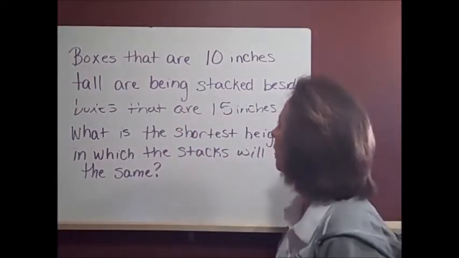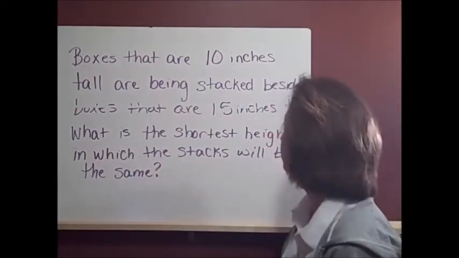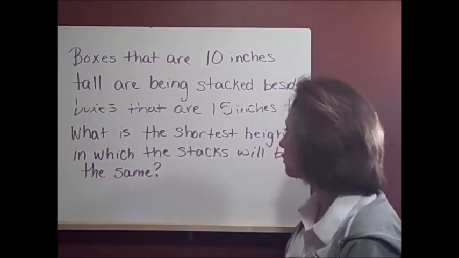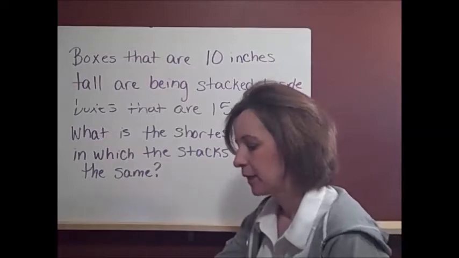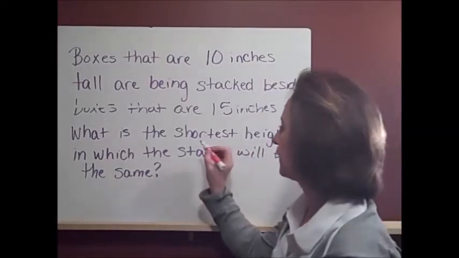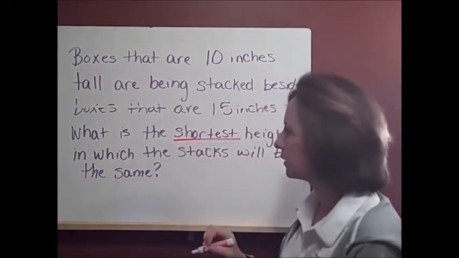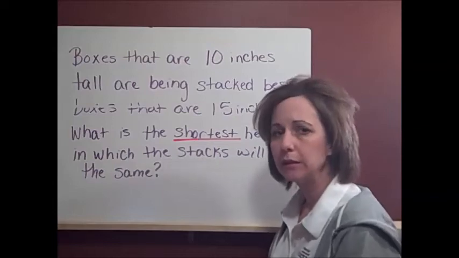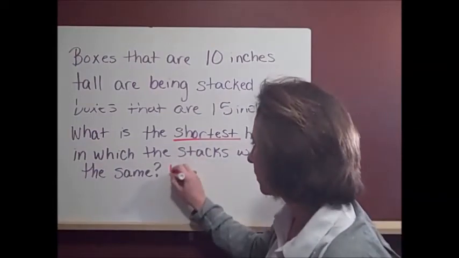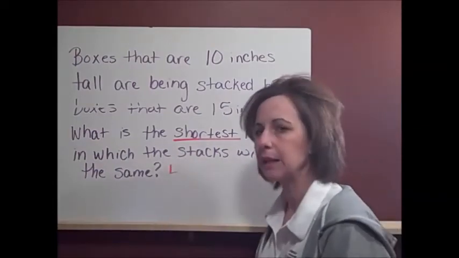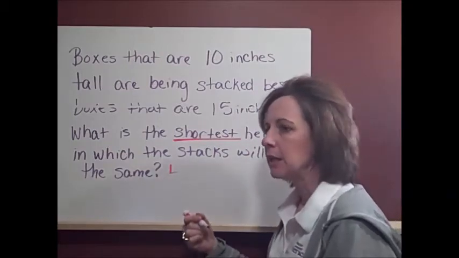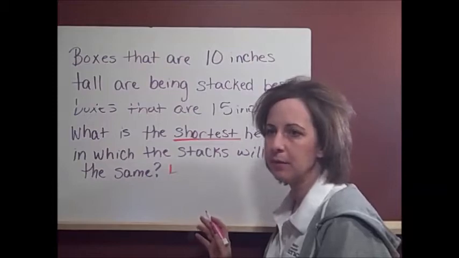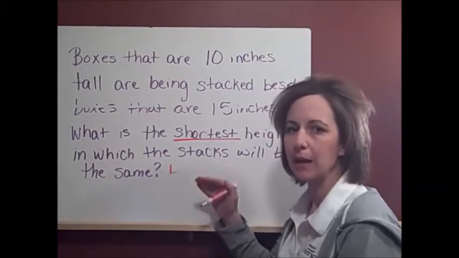Boxes that are 10 inches tall are being stacked beside boxes that are 15 inches tall. What is the shortest height in which the stacks will be the same? The key word that stands out to me there is shortest, which makes me think least. So I'm going to remember that I think it's the least. And then I'm going to ask myself, 10 and 15 are my numbers, and I'm looking to stack those boxes.